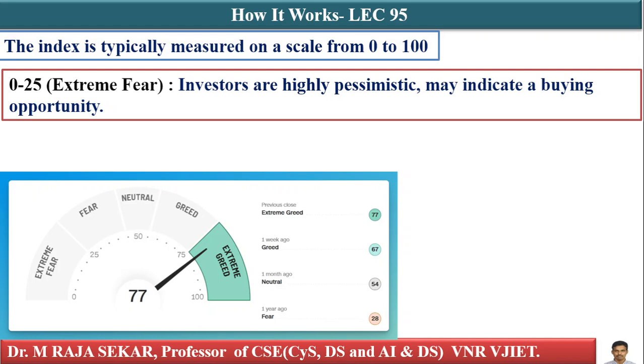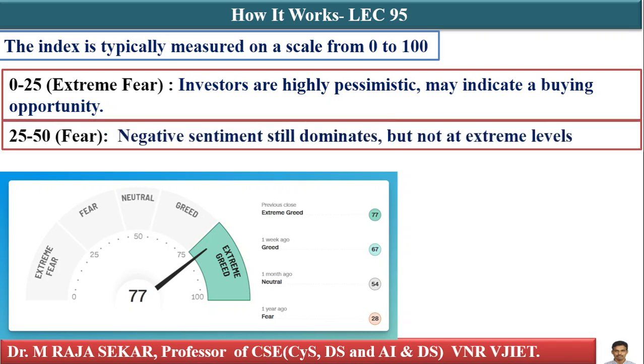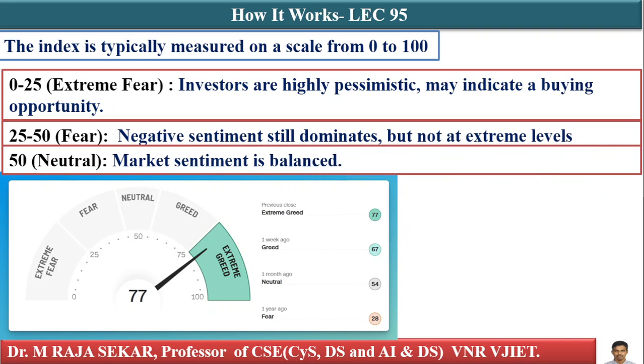Investors are very pessimistic, which may indicate a buying opportunity. 25 to 50, that is fear. Negative sentiment still dominates, but not at extreme levels. Cautious sentiment, but the market is not in panic. Number 50, that's neutral. Market sentiment is balanced between fear and greed.